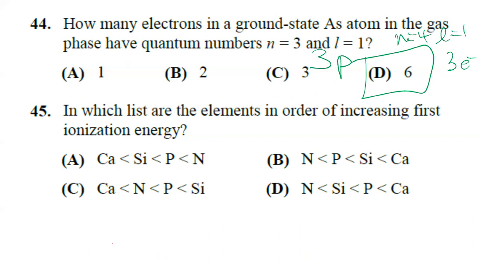It should be the opposite of your size. So as your atomic radius gets smaller, your ionization energy should go up.